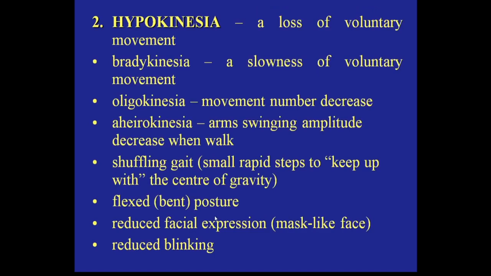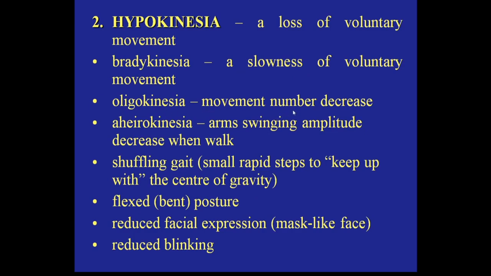We can see patients' hypokinesia due to muscle hypertonicity. There are terms describing hypokinesia and oligokinesia of patients with Parkinsonism. Hypokinesia, loss of voluntary movement. Bradykinesia, slowness of voluntary movement.